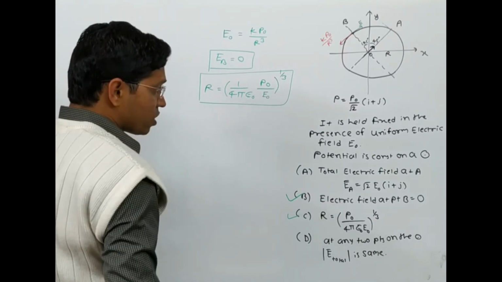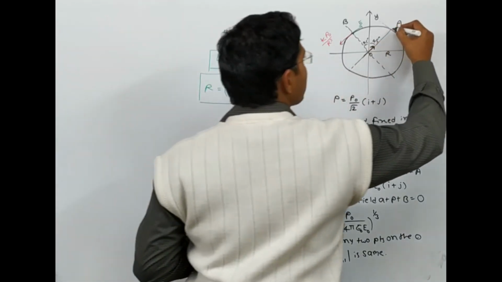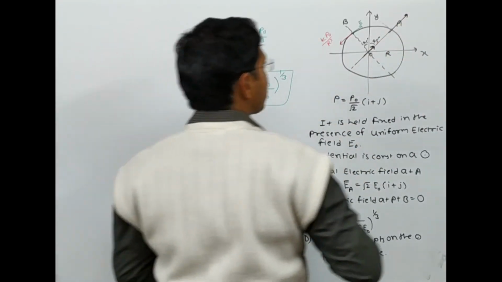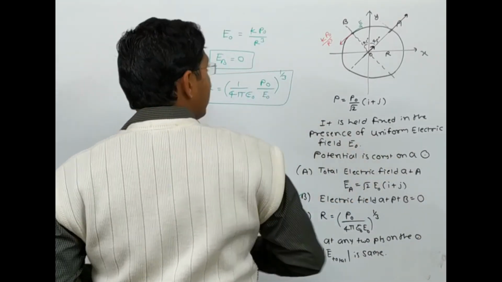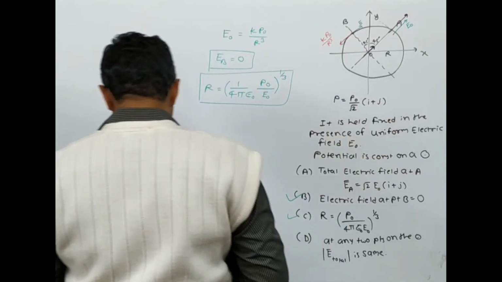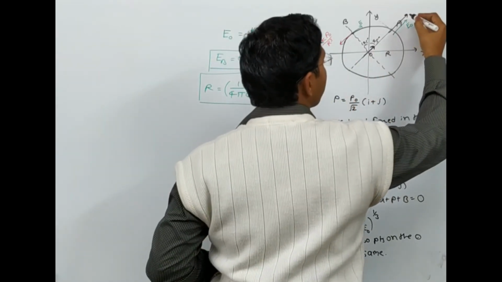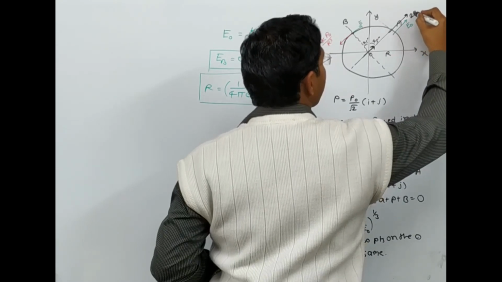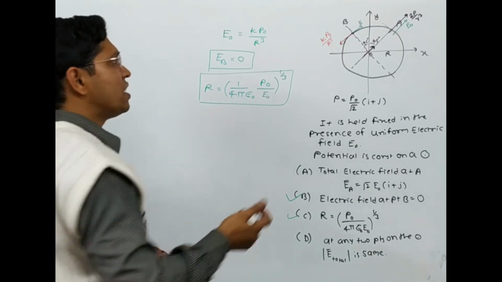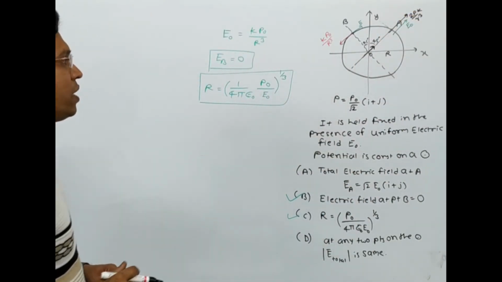Now suppose I want to find the total electric field at point A. Who is responsible for the total electric field at point A? There are two contributions. One is definitely the external field, which is E naught, and the other is the field due to the dipole. How much will that be? It is going to be 2p by r cube, and obviously there is K, so 1 upon 4 pi epsilon 0 times 2p by r cube.